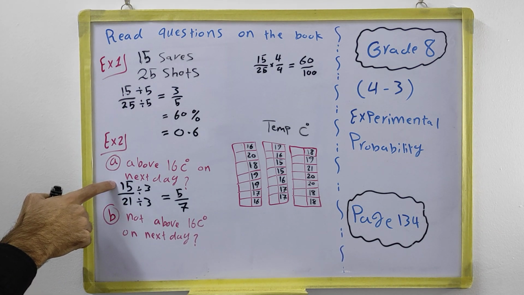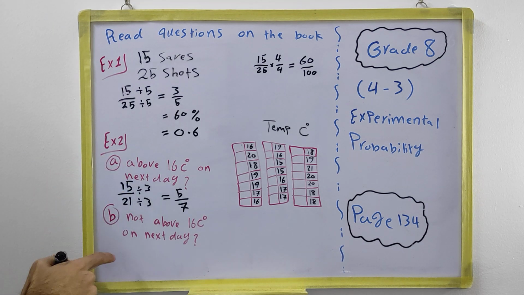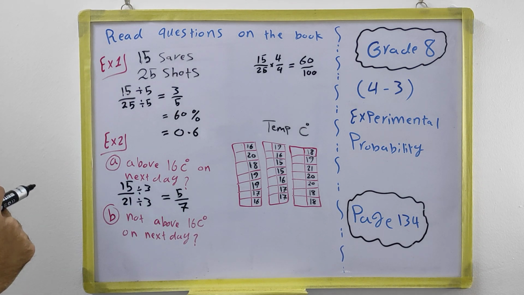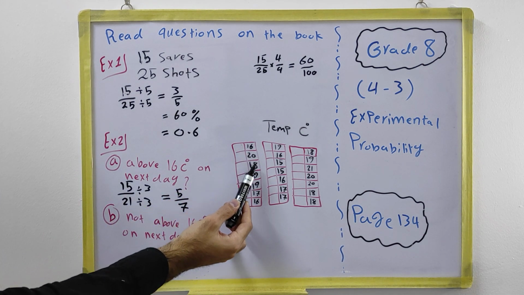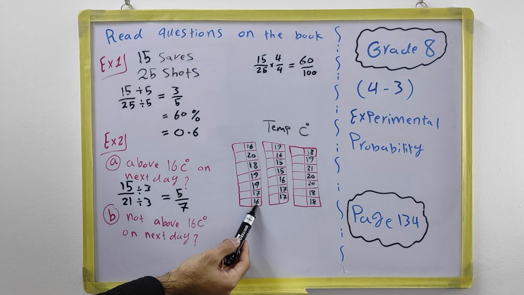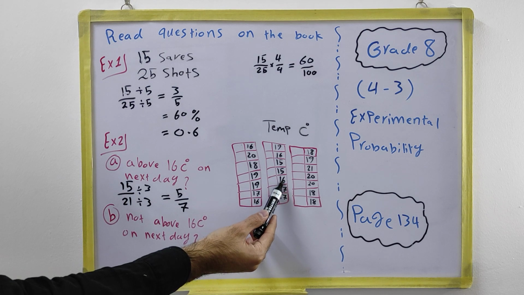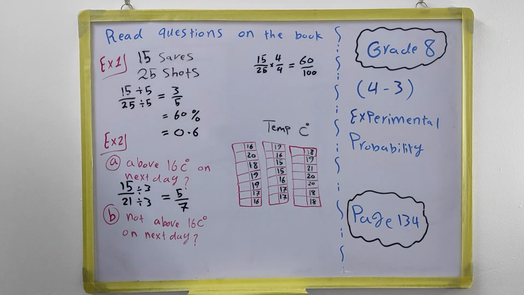To make it 21, we will have 6 more days, and you can even count them. Not above 16 means 16 or less than 16. Let's count 1, 2, 3, 4, 5, 6. We don't have any more. Sorry, it is 6 days out of 21 days.